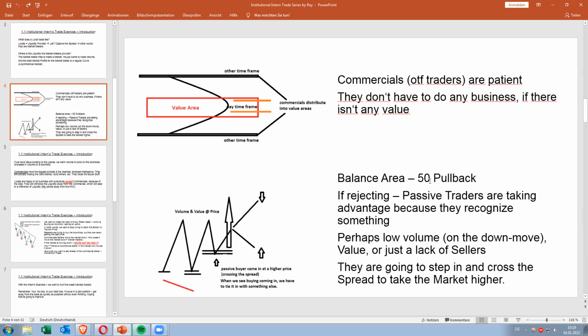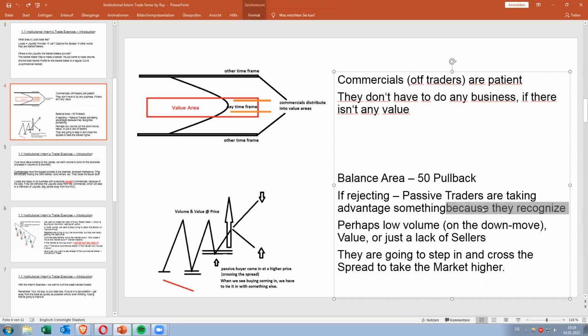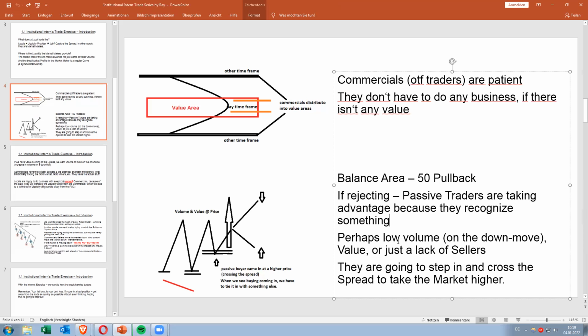Balance area is just a 50 pullback. If it's rejecting the 50 area, passive traders are taking advantage because they recognize something, perhaps low volume on the down move, value, or just the lack of sellers. They're going to step in and cross the spread to take the market higher, because usually they don't want to cross the spread. They try to trade outside the spread. This is the normal market profile: there's low volume here and high volume here.